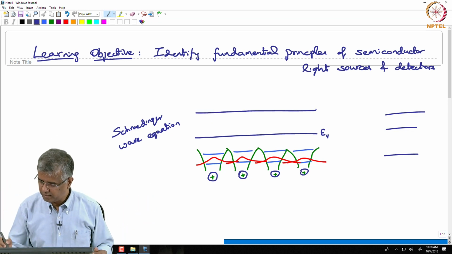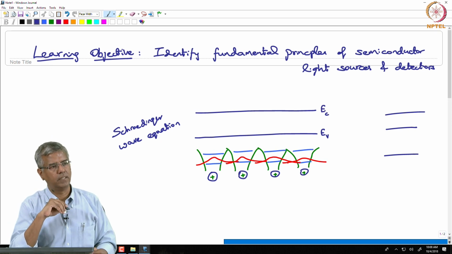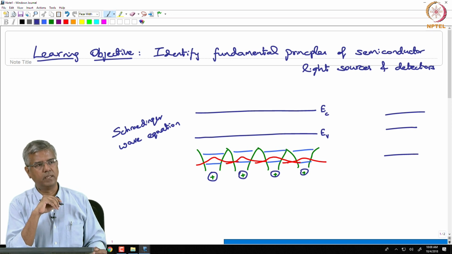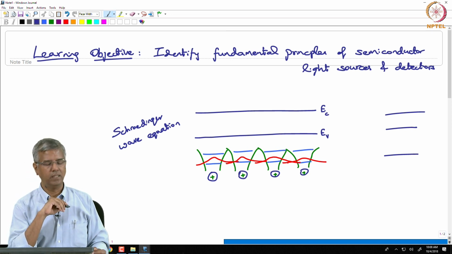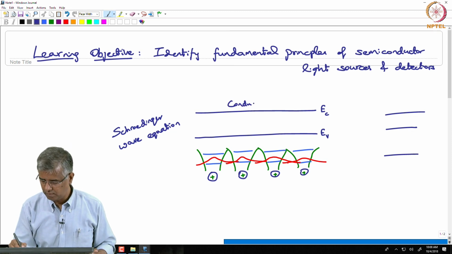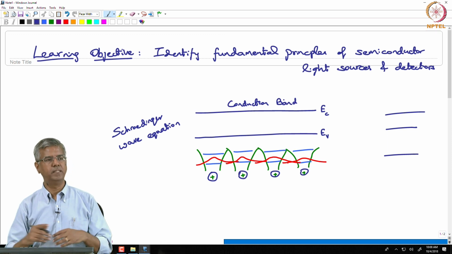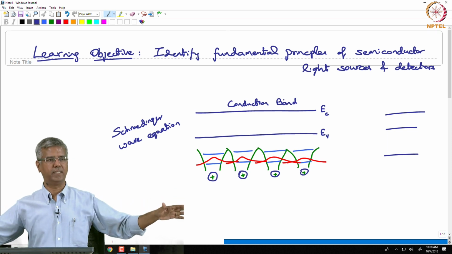And that is defined by this energy that you call EC, the conduction band energy. In this region it is called the conduction band. So beyond that energy, it is free to move around the lattice.